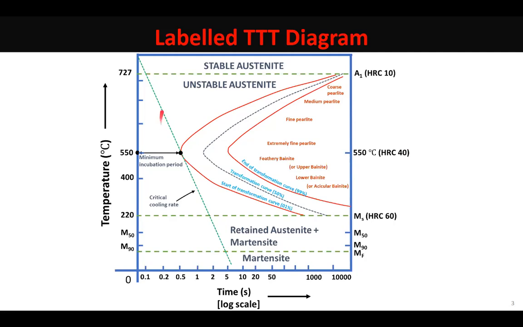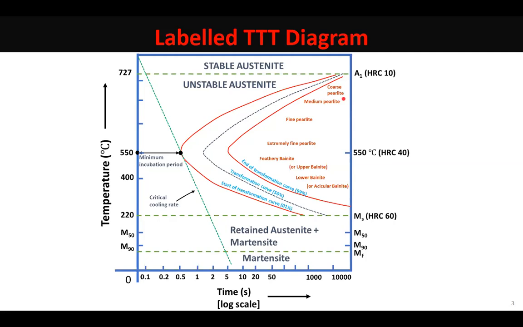If it transforms in this high temperature range, 727 to 550, the carbon present in austenite and also the gamma iron present in austenite both undergo an extensive amount of diffusion and transform themselves to an aggregate of ferrite and cementite, which you call perlite, right?